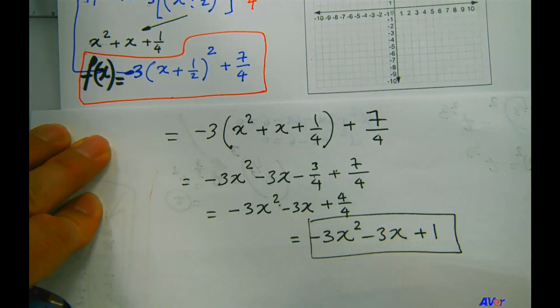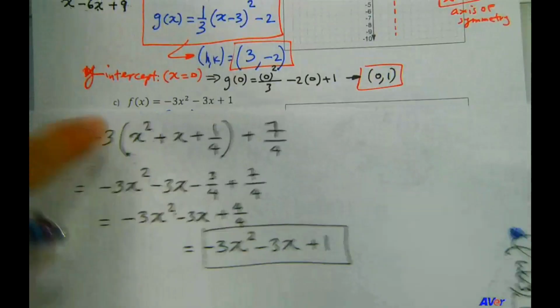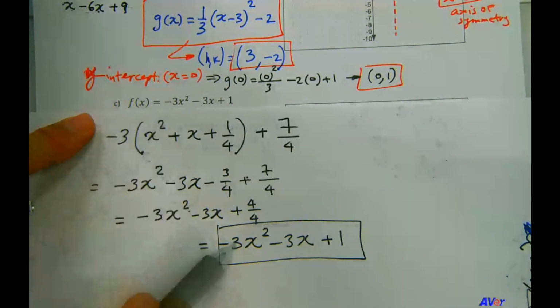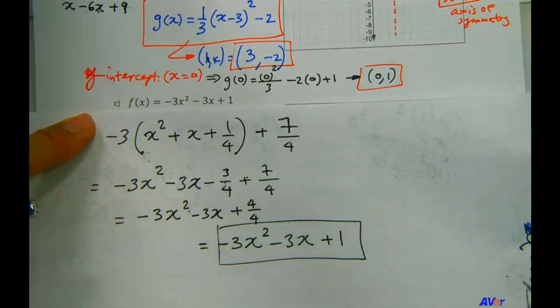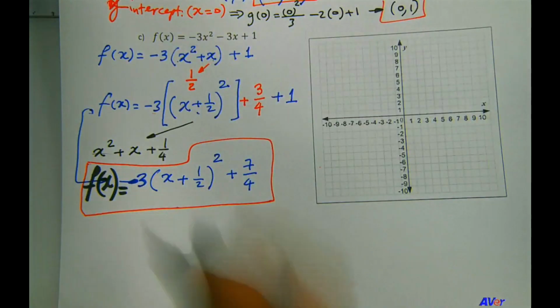So compare this with that, what we started with. Compare them. Minus 3x squared, minus 3x squared. Minus 3x, minus 3x. Plus 1, plus 1. So it's okay. Okay, like that. So you can always test back with the equation you had to see if completing the square is doing what it's supposed to.